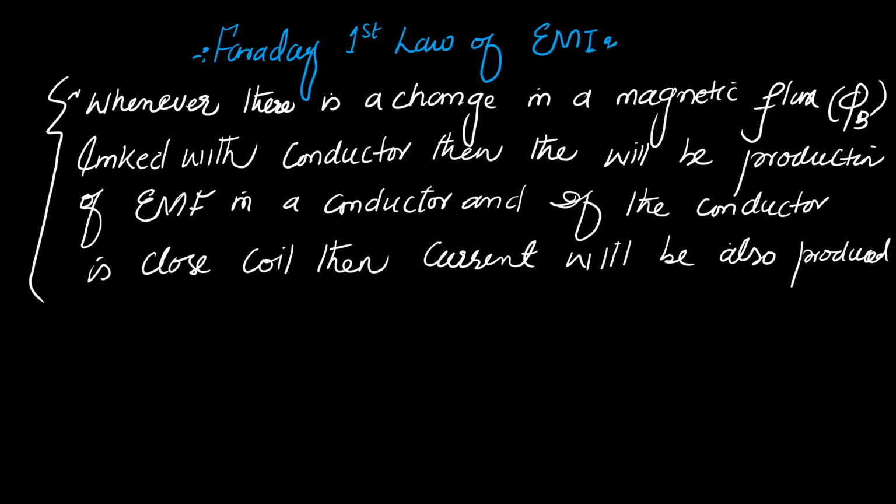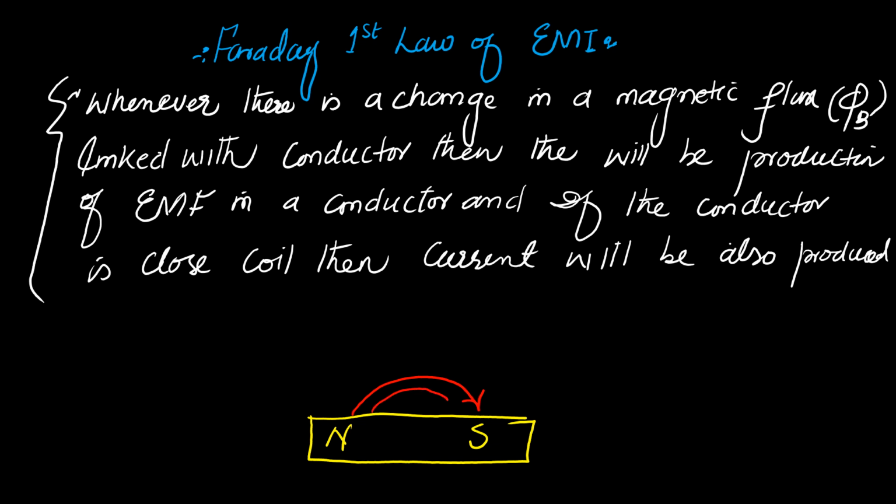Let me explain Faraday's first law of electromagnetic induction with a diagram. Since you know that a magnet has two poles, one pole of the magnet is known as the north pole and the second pole is the south pole. Magnetic field lines are directed from the north pole and they go toward the south pole like this.